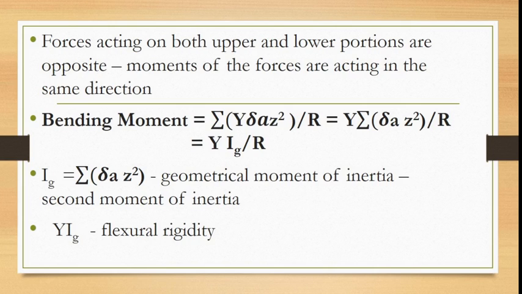So I suffix g represents the geometrical moment of inertia of the sectional area. So we can write bending moment as Y into Ig by R, in which Y into Ig is known as flexural rigidity.